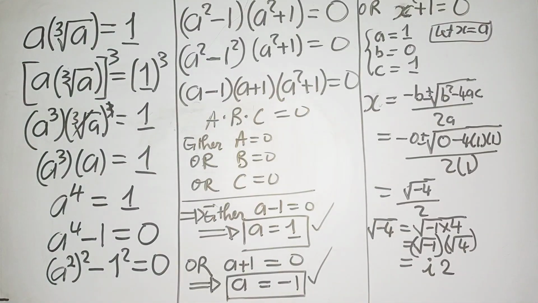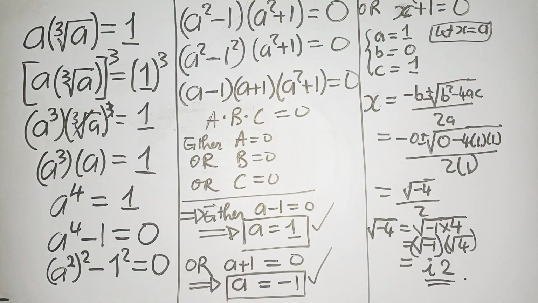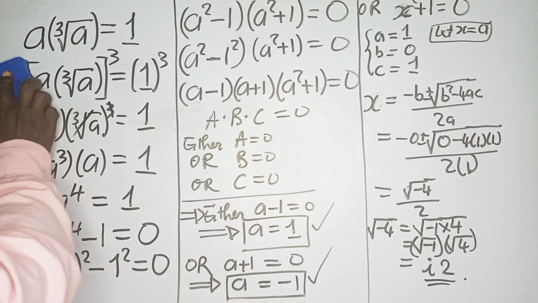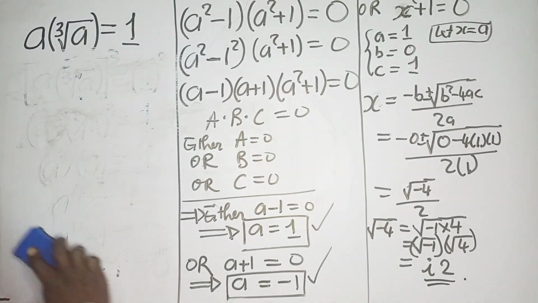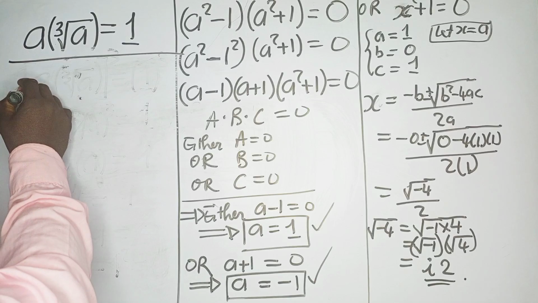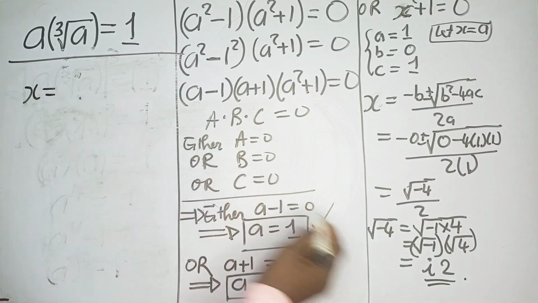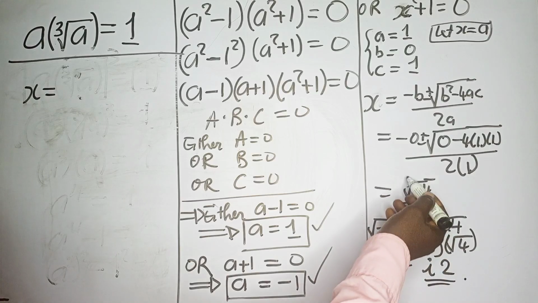So the root of negative 4 is 2i. So x is equal to, in the place of the root of negative 4, we're going to put 2i in this expression.